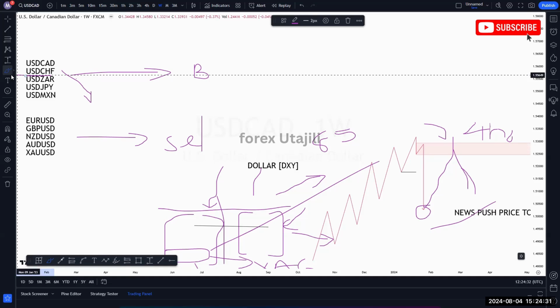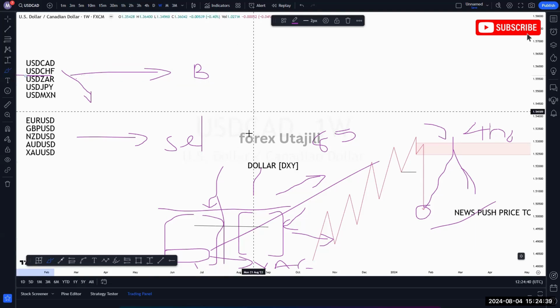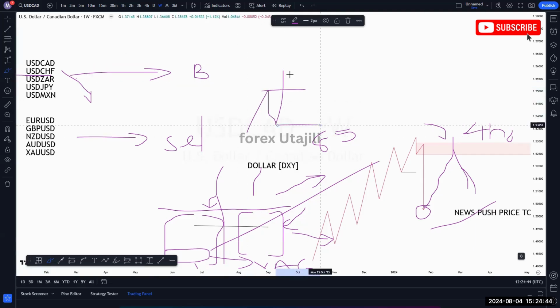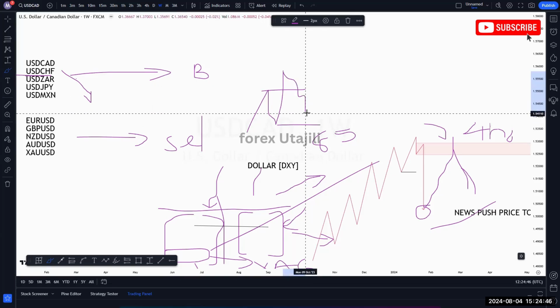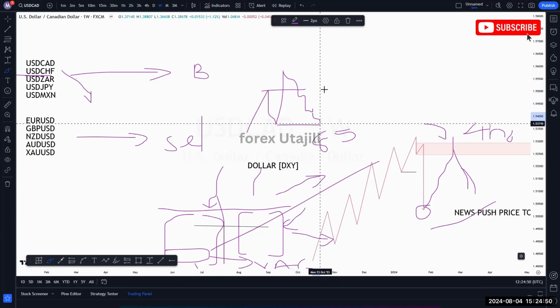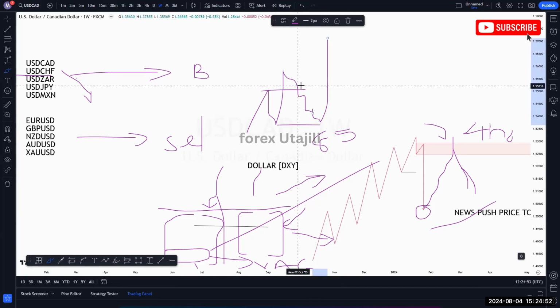We always base on available areas of liquidity. Most of the time, whenever price is in an area of liquidity, let's assume the dollar is having this as the area of liquidity, there are high chances for it to continue pushing up because it is in an area of liquidity.